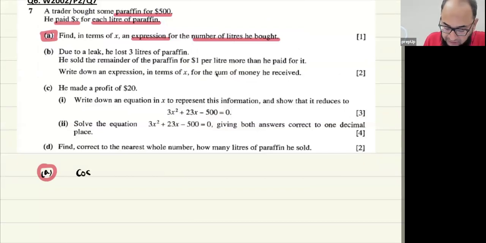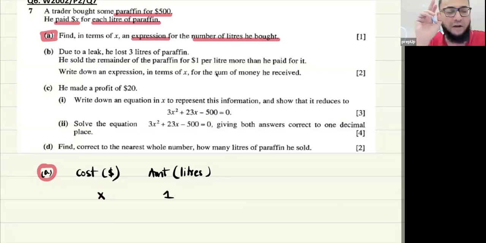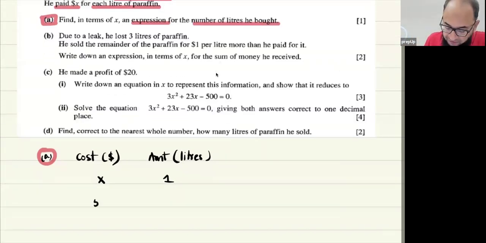So this is cost in dollars, and this is the amount in liters. This is x dollars for each liter, so this is x, this is 1. When you have written the unit at the top, you don't need to write it again. Now for $500. Yes, make sure you write everything where it belongs.